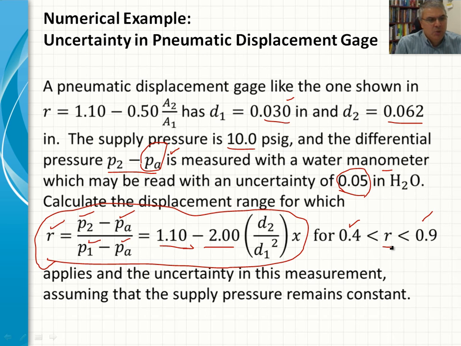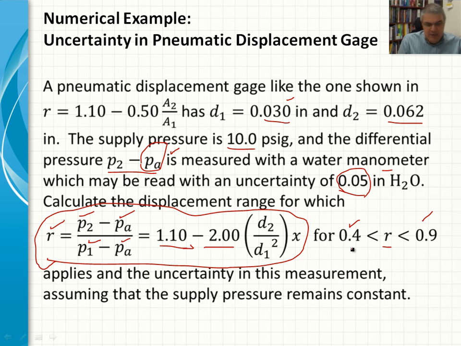All you do is plug in as your R 0.4, and you calculate your X. So if you have R equals 1.10 minus 2 d2 over d1 squared multiplied by x for this range, all you need to do is plug in the d1 and d2 that you have, and then calculate that. So you calculate a lower bound and an upper bound. You take the average. That will be the non-analytical uncertainty.